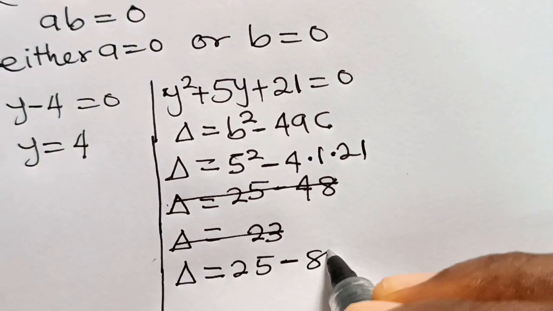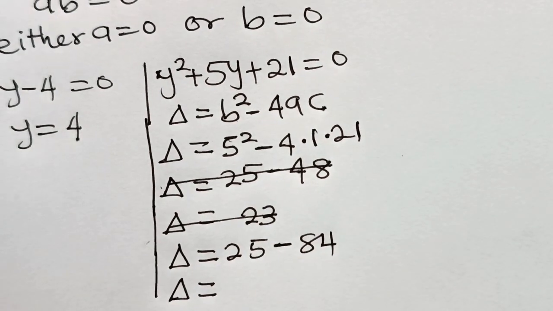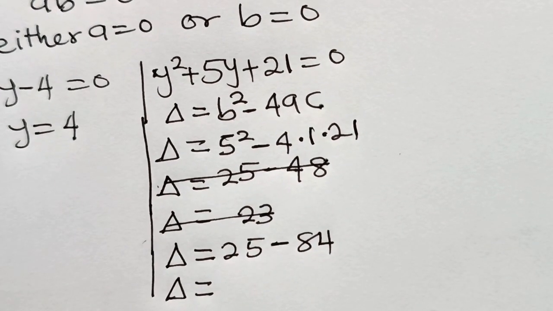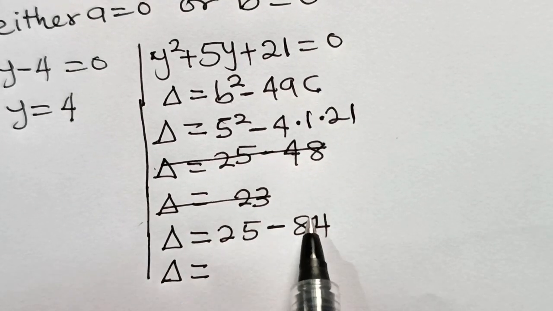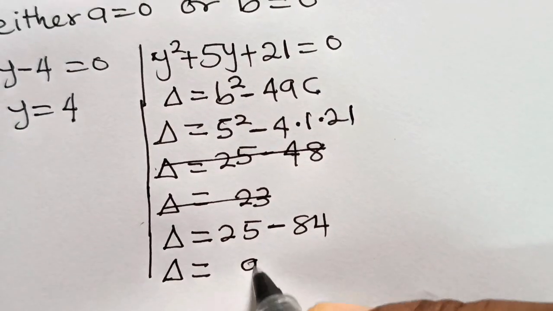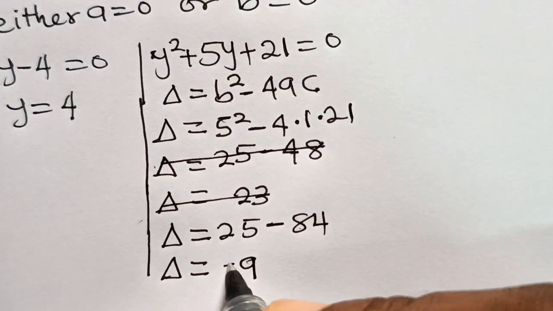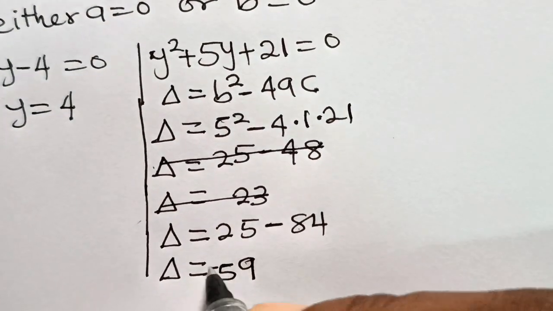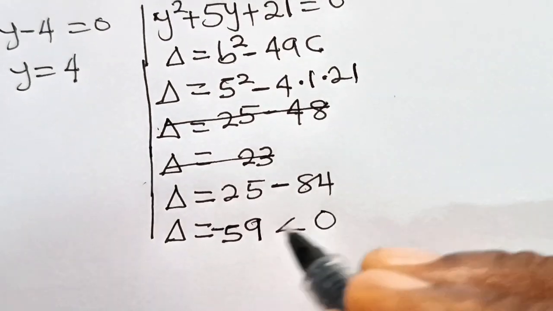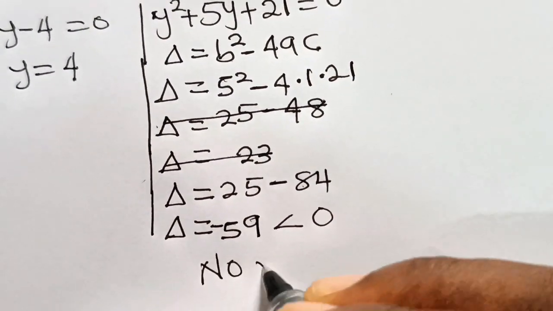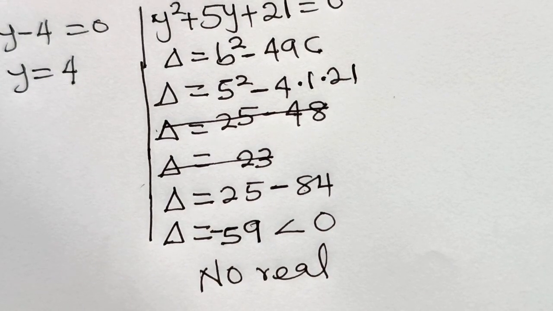So the discriminant will be equal to 25 minus 84, which is minus 59. Now notice that the answer we have is less than 0. So it means that there are no real roots.